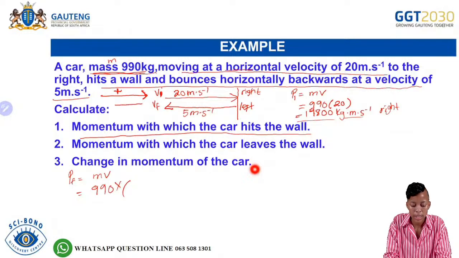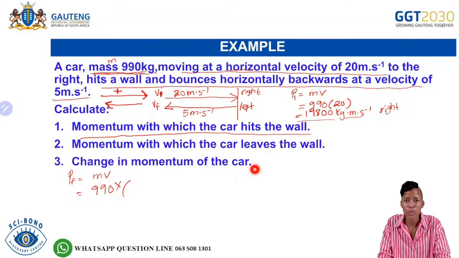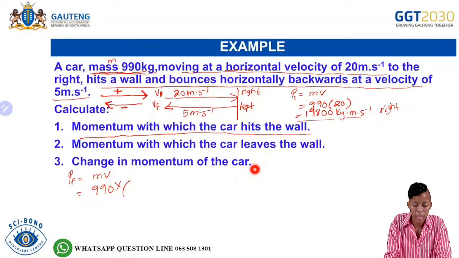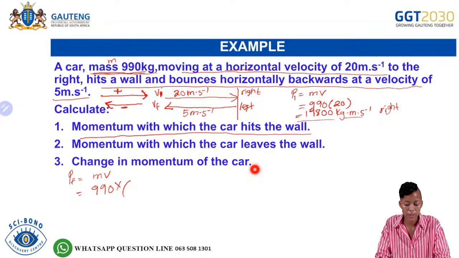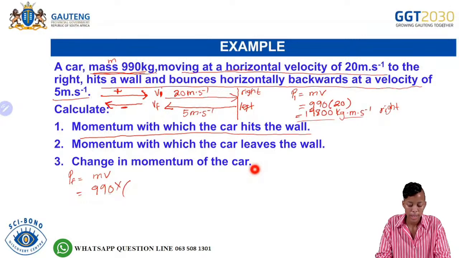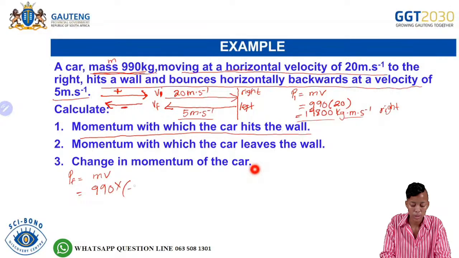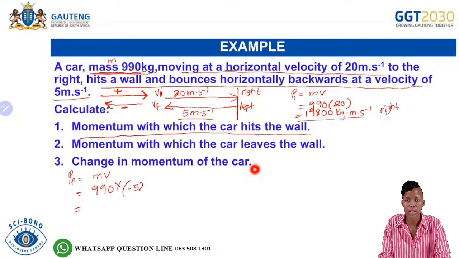It means that any velocity that is moving to the left will be taken as negative. In this case, the 5 meters per second is moving to the left, so my velocity will be negative 5 instead of the positive 5.